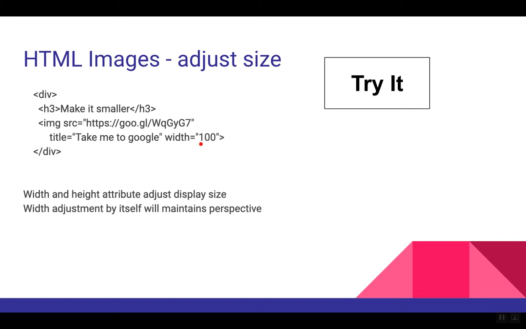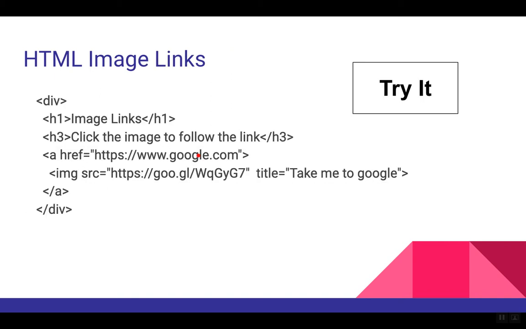If your image is 300 wide by 500 tall, and I pick a width of 100, then I'm going to get a 3 to 5 ratio on my height. So it will set the height automatically to maintain the perspective of the image. If you set the width and the height yourself, then you run the risk of distorting the image if you get the ratio off.